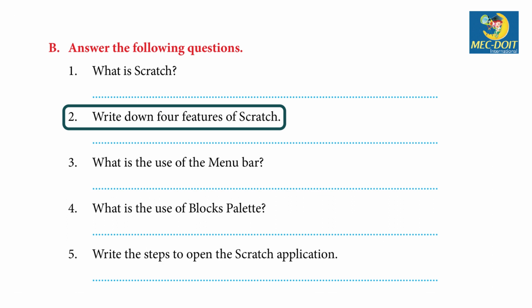Answer: Features of Scratch. Scratch is freely available on the web. The cartoon mascot of Scratch is a cat. For a story, we can design our characters. It can run well on various operating systems including Windows, Linux and Mac OS.